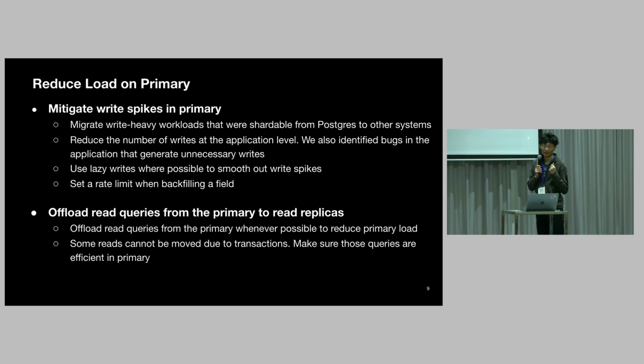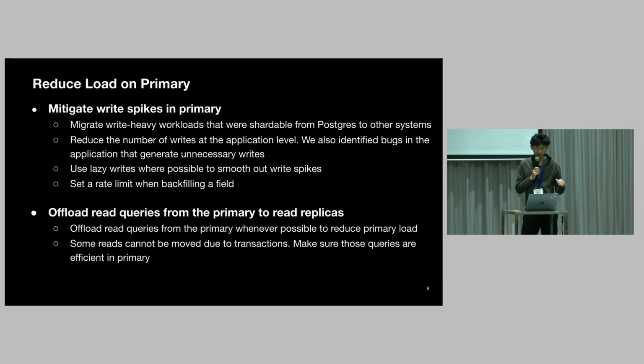First of all, we want to reduce the load on the primary because we only have one primary, right? So we want to reduce the load for both writes and reads. We mitigate the write spikes in the primary by migrating some write-heavy workloads that were shardable from Postgres to other sharded systems.